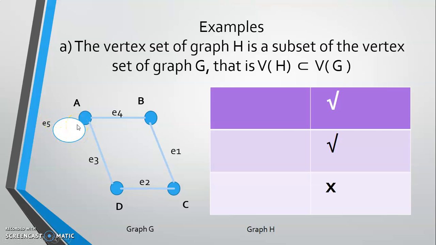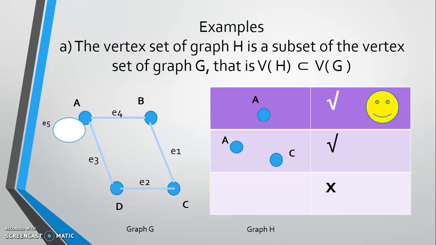E5 refers to the loop of the graph. So if I give you 1 point only, A, we can say this fulfills that the vertex set of graph H is a subset of the vertex set of graph G. So this one is graph H, and we say this is a subgraph of graph G.